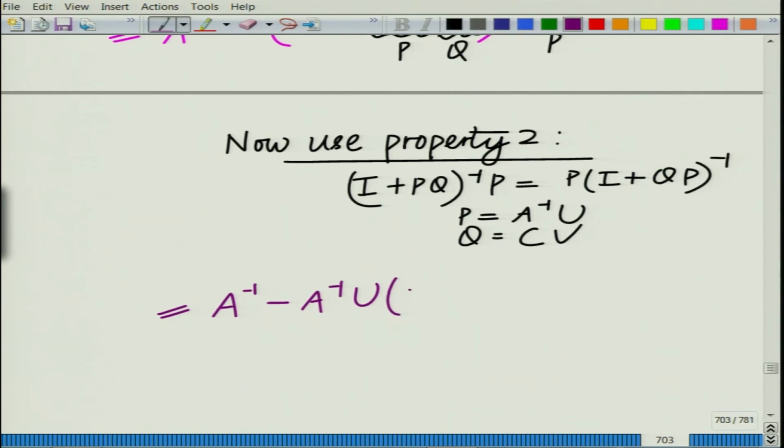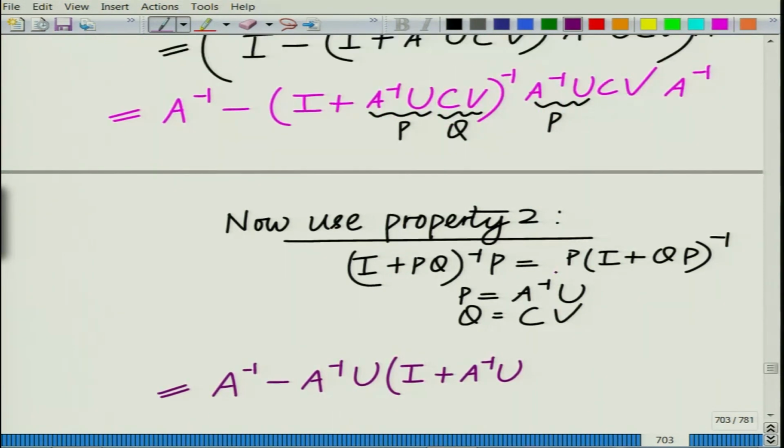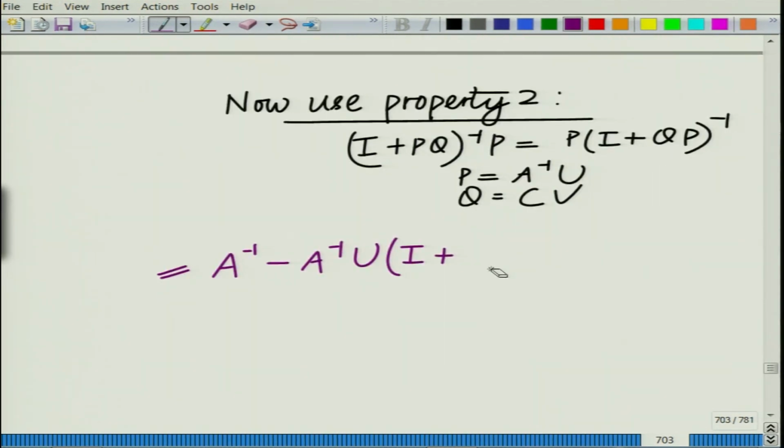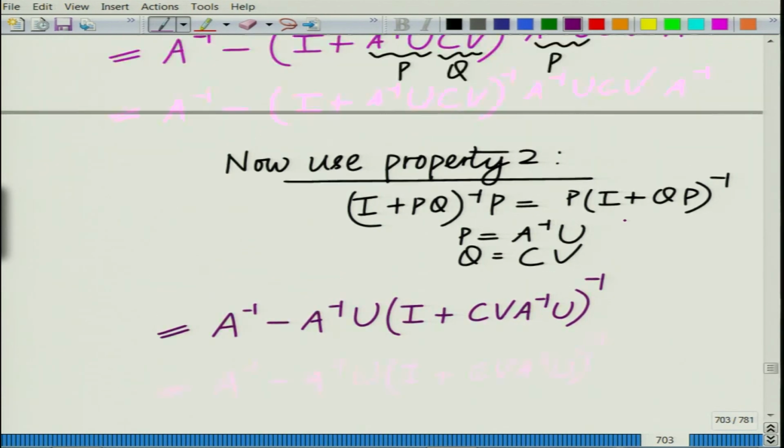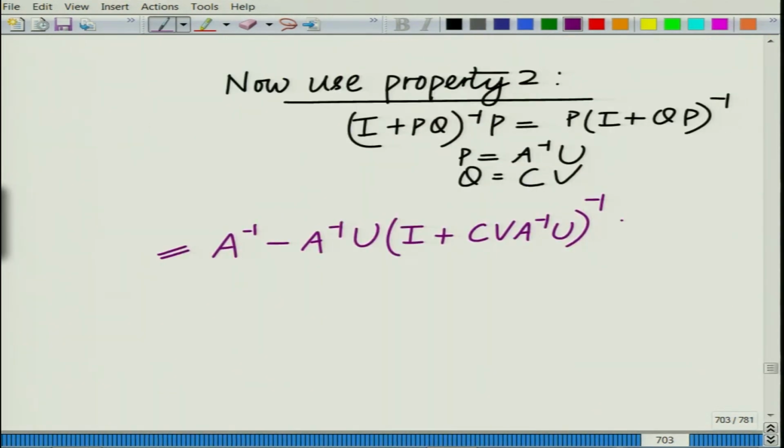times (I + QP) inverse, that is (I + CVA inverse U) inverse, where Q is CV and P is A inverse U, times what is already there outside, that is CV times A inverse.